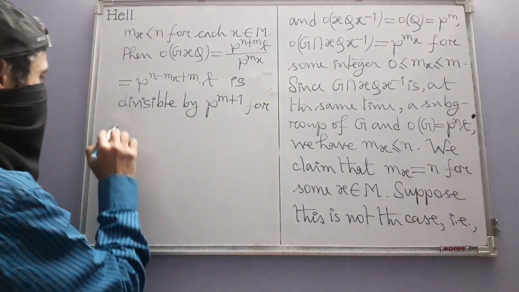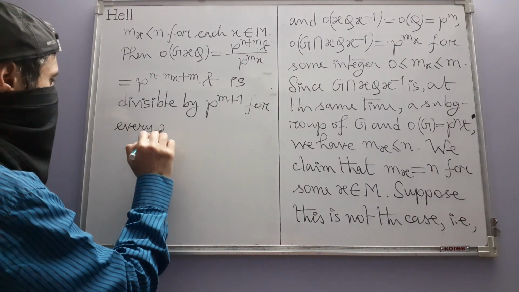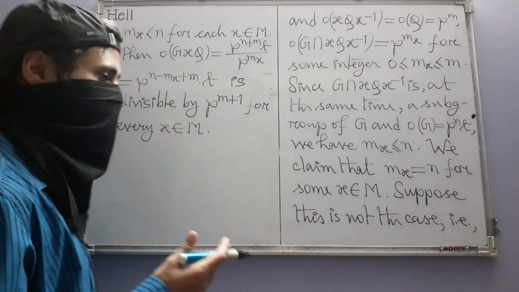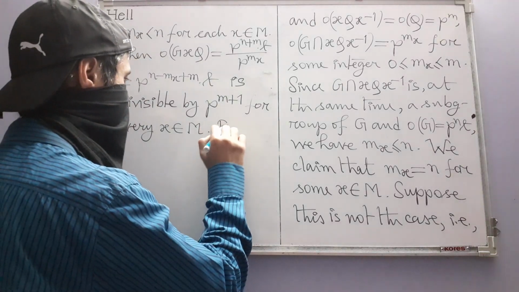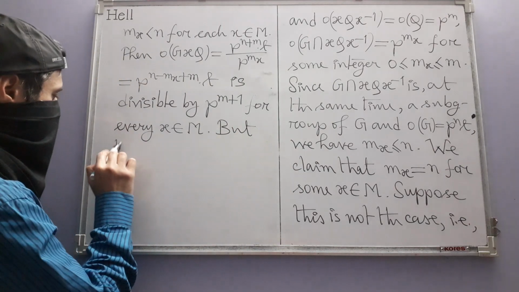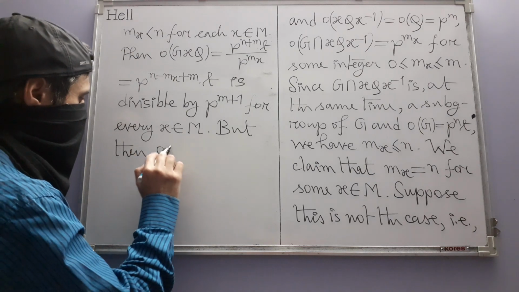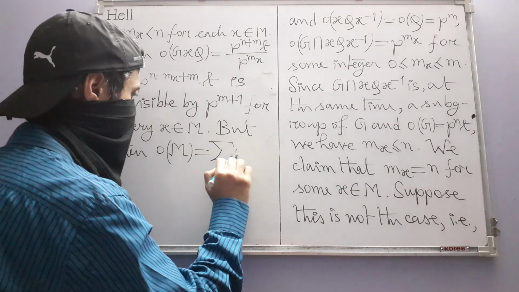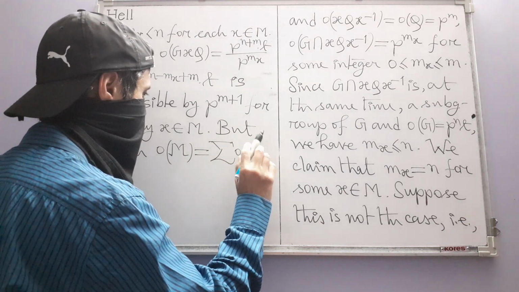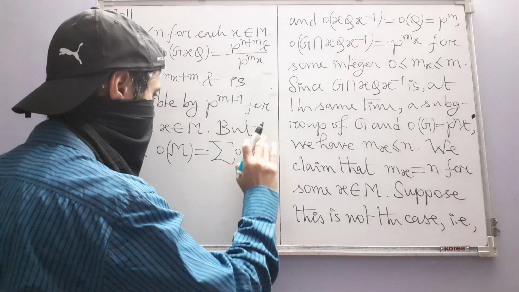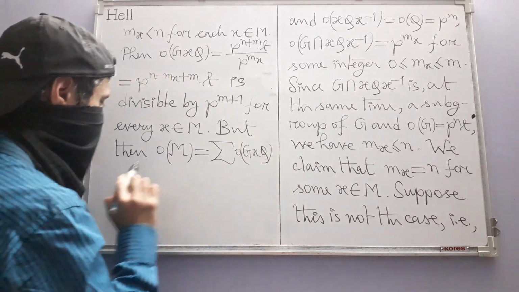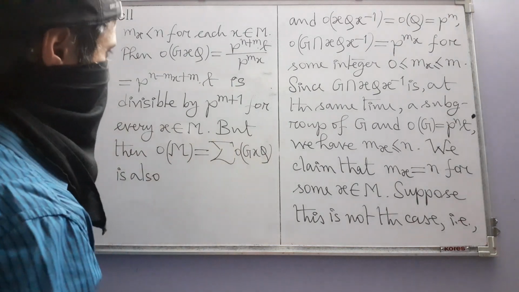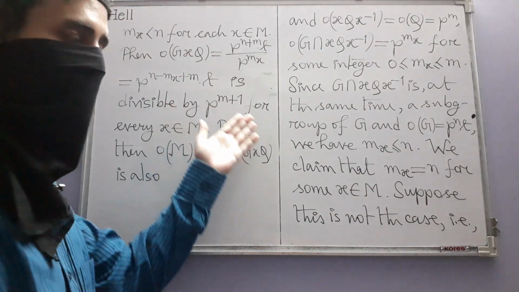That too for every x in M. But then what is the consequence of that? Order of M equal to that sum of the orders of GxQ is also, you see, all the terms in this sum are divisible by p to the power m plus 1.